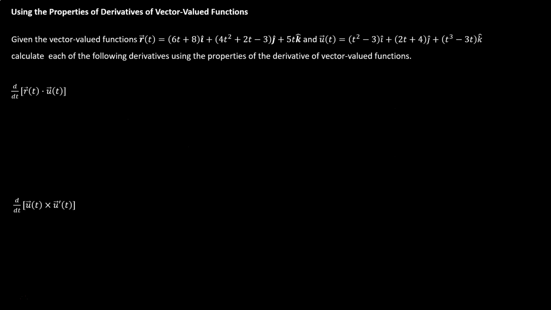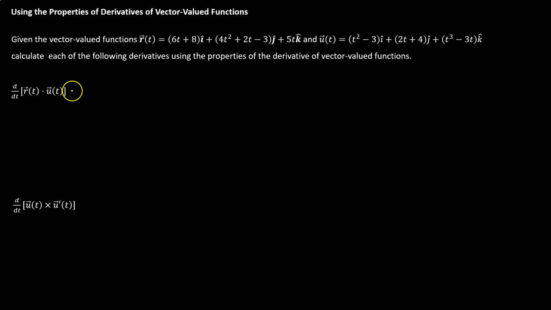Let's do an example of calculating a derivative of a dot product, or a cross product, for example. We have two vector functions on the screen, the vector function r and the vector function u, and we want to calculate the derivative of the dot product between r and u. Now we could dot r and u together and then take the derivative of the scalar that comes out of the dot product, or we can use the dot product rule, which is what I want to demonstrate.